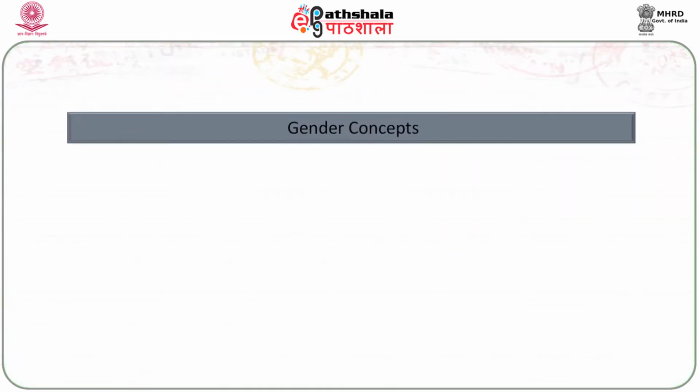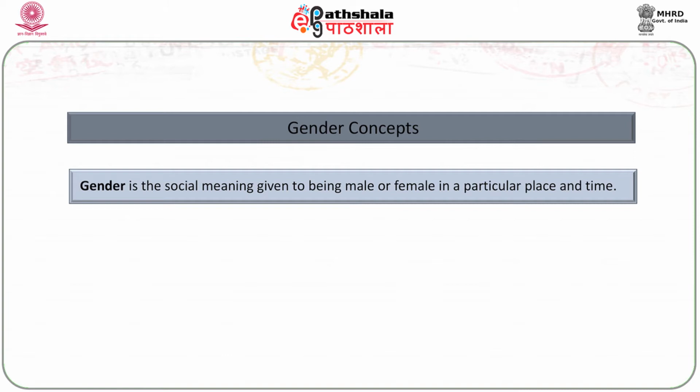Let us now examine some major concepts that are related to gender. I have just told you that gender is the social meaning given to being male or female in a particular time, particular culture, particular place.